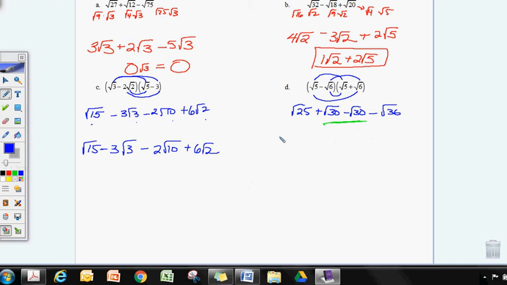So what am I left with? Square root of 25 is 5, minus square root of 36 is 6. My final answer is negative 1. Again, these terms are called conjugates, and tomorrow we're going to work a lot with those conjugates. So make sure that you understand it.